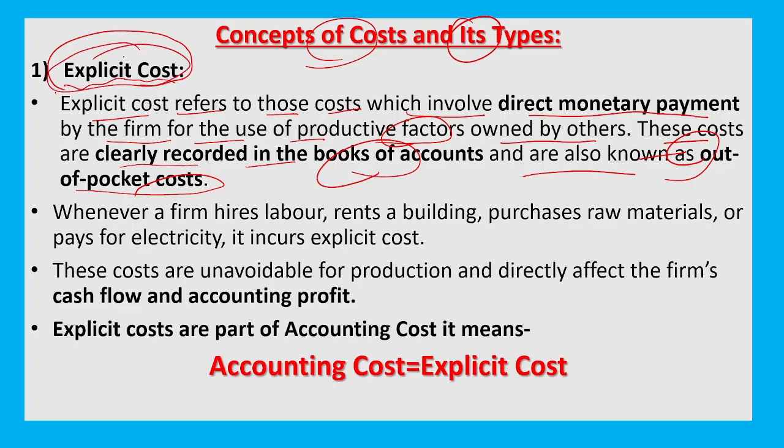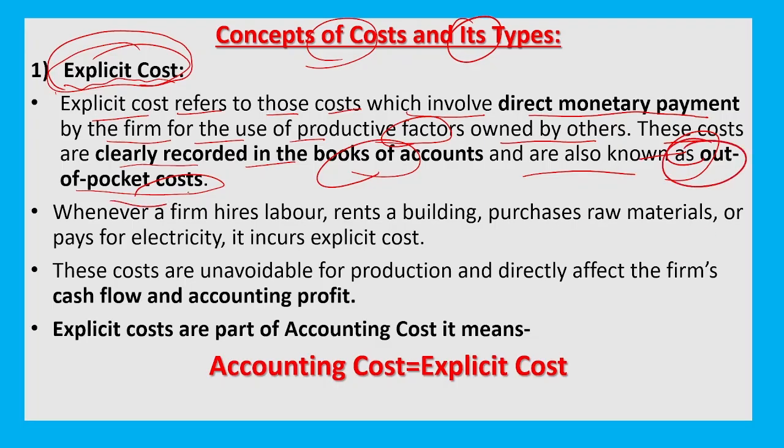So in a simpler way, we can say whatever expenses we have done in monetary terms is considered under explicit cost. Understood this much? And it is also called out of pocket cost. Why is it called out of pocket?